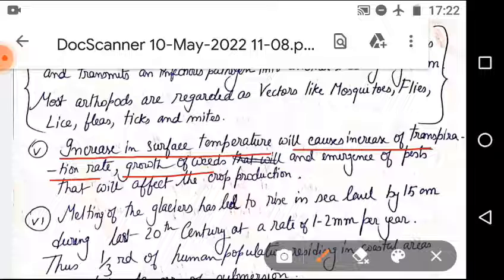In Bengal it is called modhu gach, because the nectar is rich in this type of plant and they grow very well. Weeds are going to grow well, parthenium, then in Bengal it is called jhamti gach. And there will be emergence of pests that will affect the crop population. Different types of insects which cause damage to the crops are called pests, and they are going to increase their population.